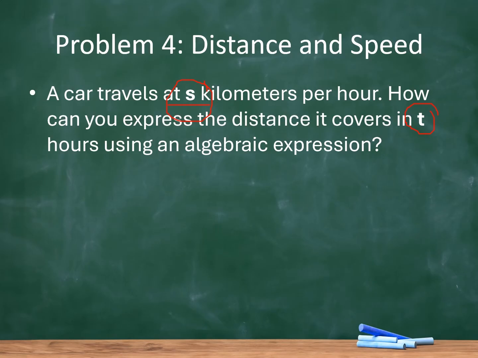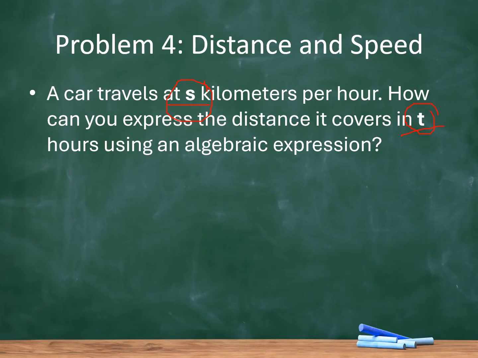representing the number of kilometers per hour that a car can travel, and t representing the number of hours that the car has traveled. What mathematical operation will we use to represent the relationship between s and t? It's gonna be multiplication. We will just multiply s and t.